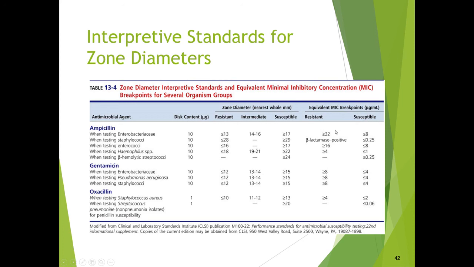But disc diffusion testing, you measure the zone diameter, the zone of inhibition in millimeters. So say my E. coli, when I tested it against gentamicin, say it was 8 millimeter diameter. Well, that would correlate to an interpretation of resistant for gentamicin.